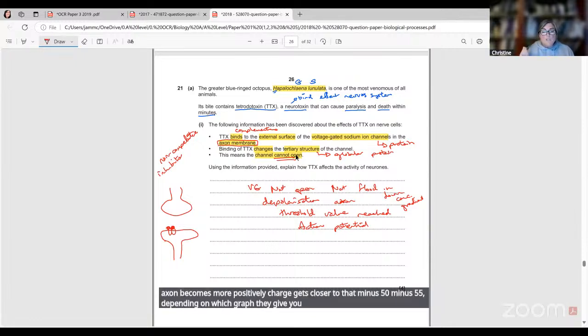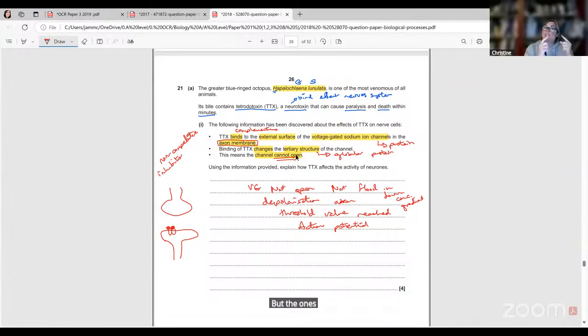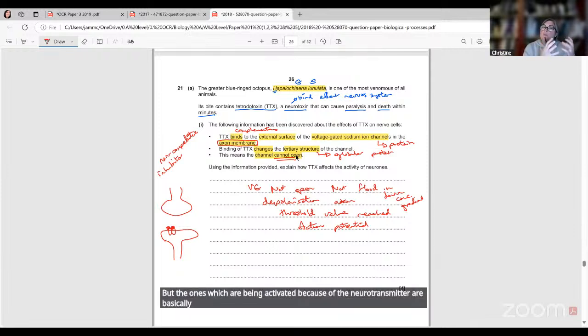So it's important that you note that the receptors, when we're talking about the postsynaptic membrane, yes, there's going to be voltage-gated sodium channels there too, but the ones which are being activated because of the neurotransmitter are basically receptors that, once that binding of the neurotransmitter occurs, open the channel by changing its tertiary structure, allowing the sodium to now flood in.